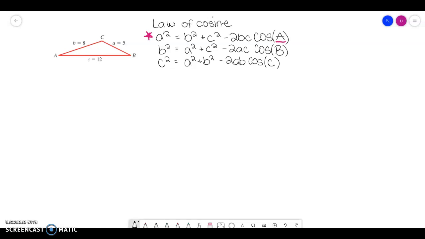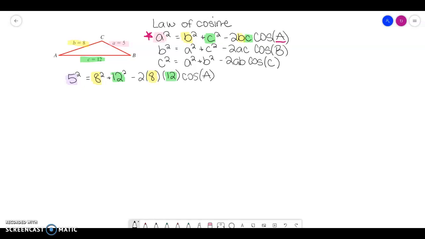A squared, side A is 5, so I'm going to have 5 squared equals B squared, which is 8 squared, plus C, which is 12, so 12 squared, minus 2 times 8 times 12 times cosine of angle A. And that's what I'm trying to solve for. As you can see, I literally just replaced the sides with the values of A, B, and C.